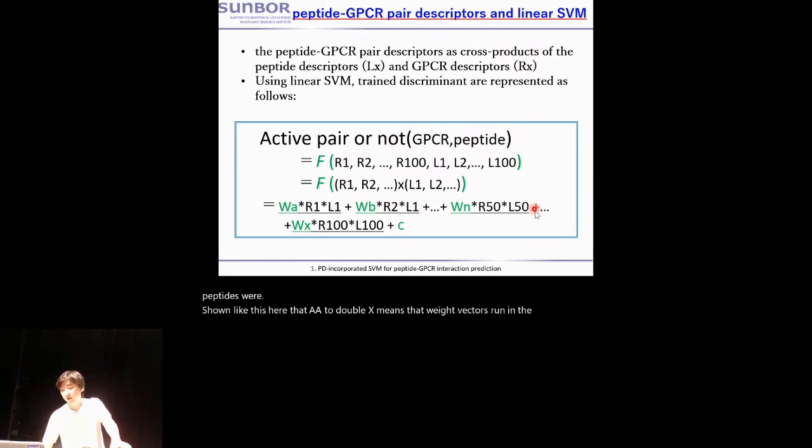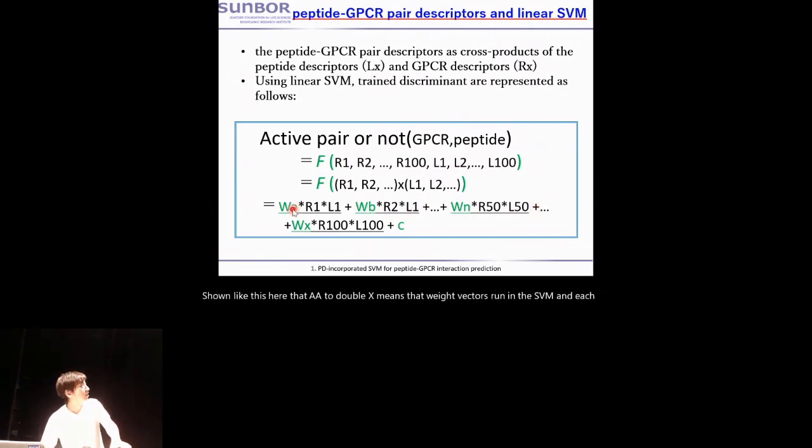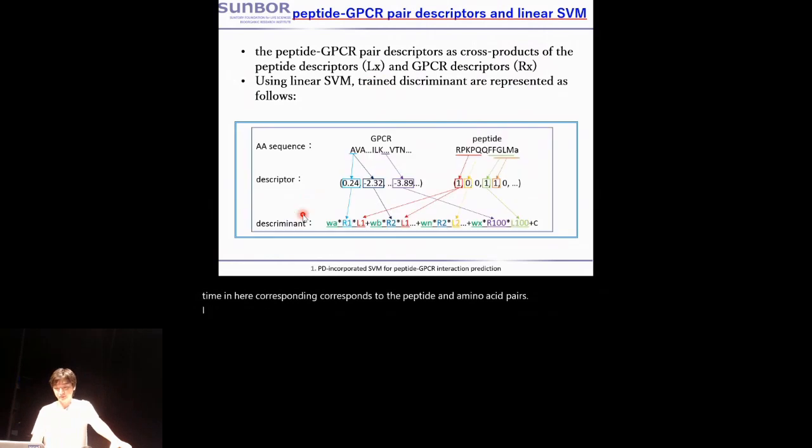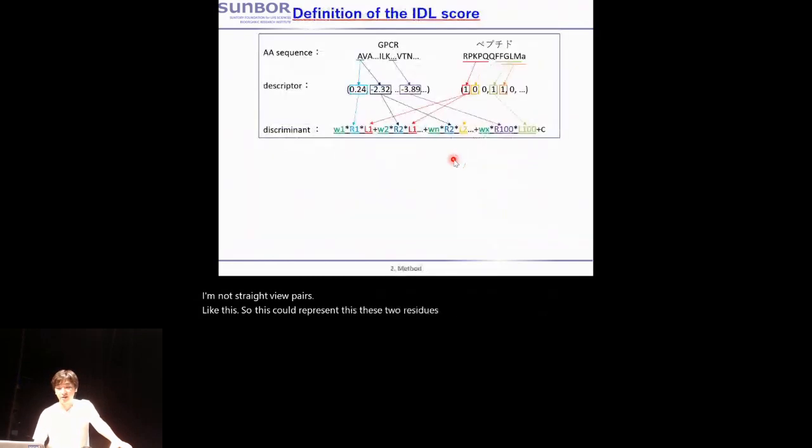And each term in here corresponds to the peptide and GPCR amino acid residue pairs, like this. So this term represents these two GPCR residues and peptide residues.